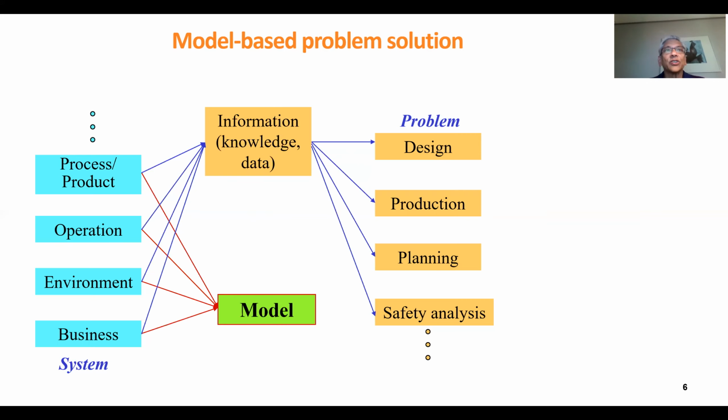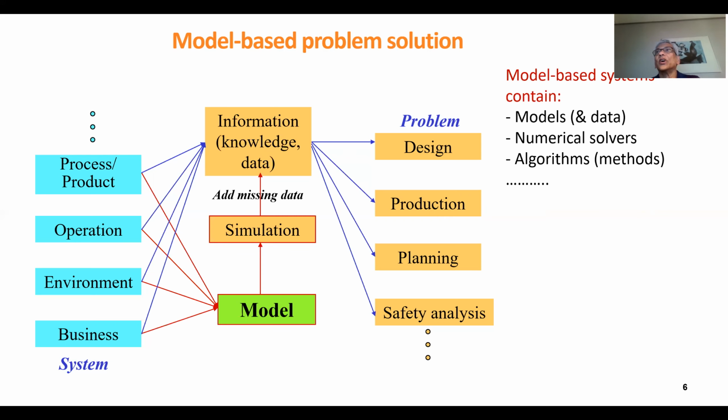And then we solve those models and add the missing information. And then after that, when we have sufficient information, we develop methods to solve the problems. So the model-based systems contain models, data, numerical solvers, algorithms, including methods, workflow, data flow, and many more.